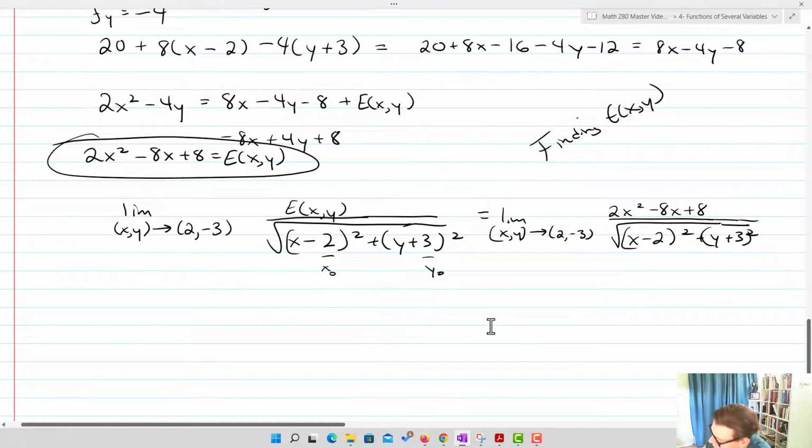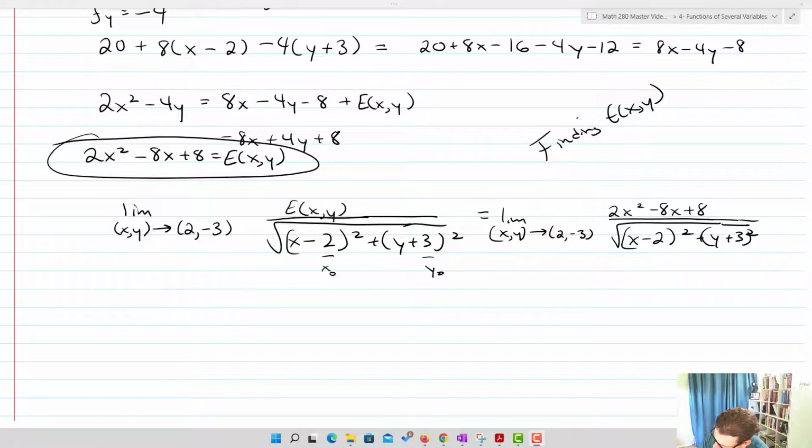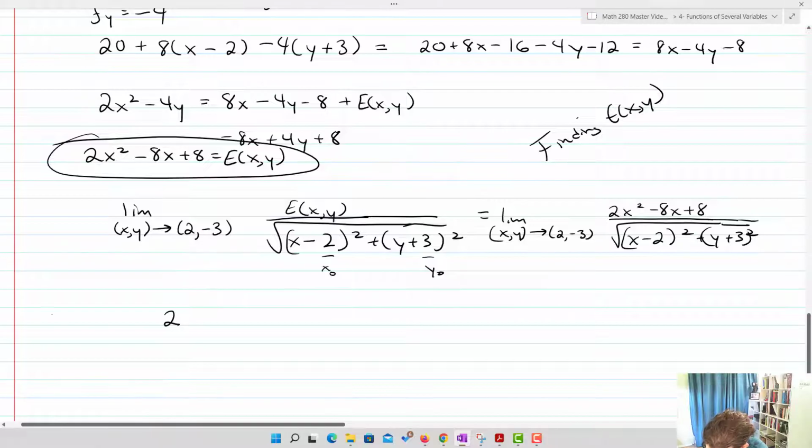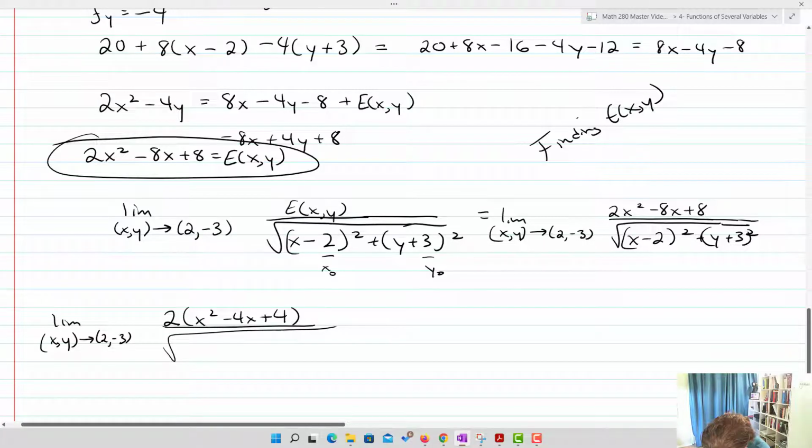If you remember with our limits, let's see if we can do some algebra here. If we look here, this is going to end up being 2 times, so this is the limit, and we'll have (x, y) approach (2, -3), 2 times x squared - 4x + 4 all over the square root of (x - 2) squared plus (y + 3) squared.